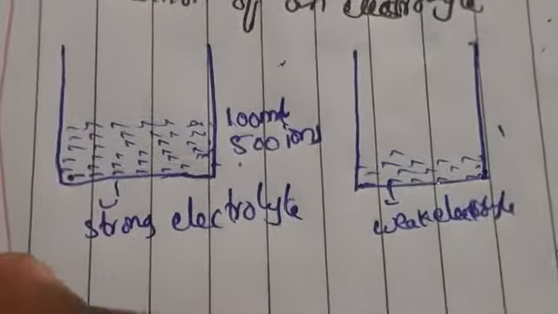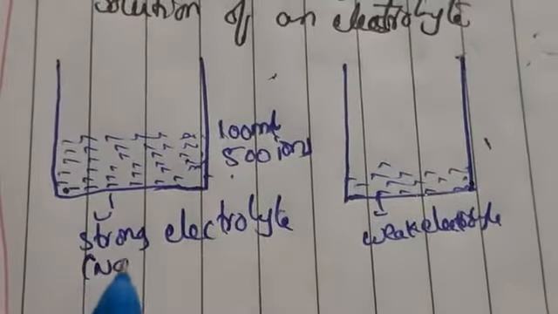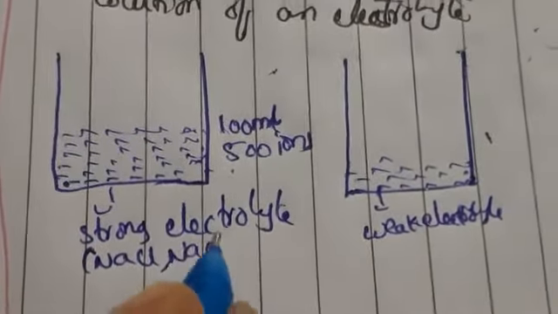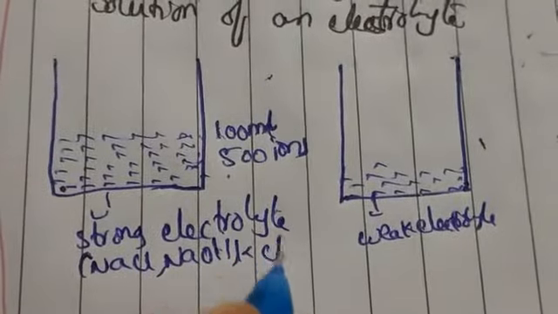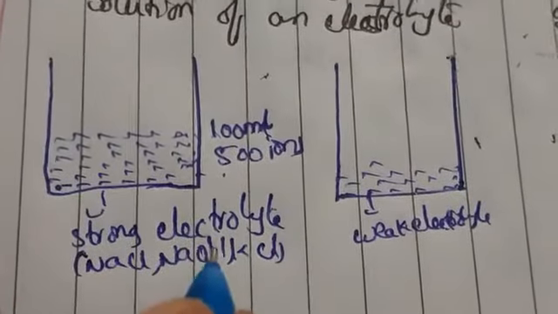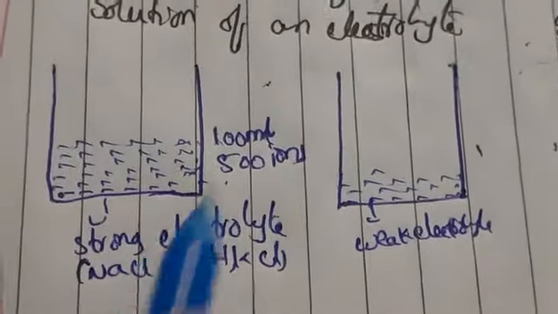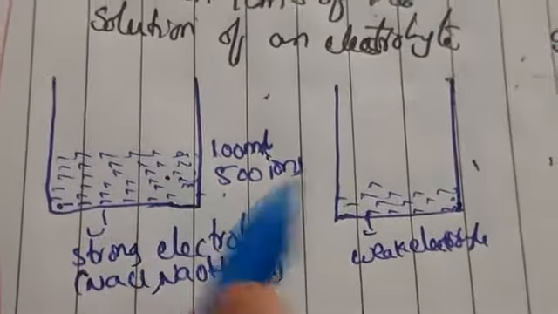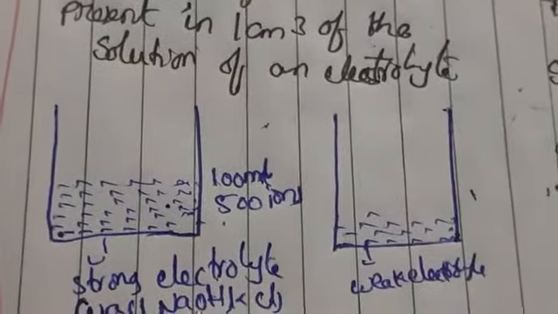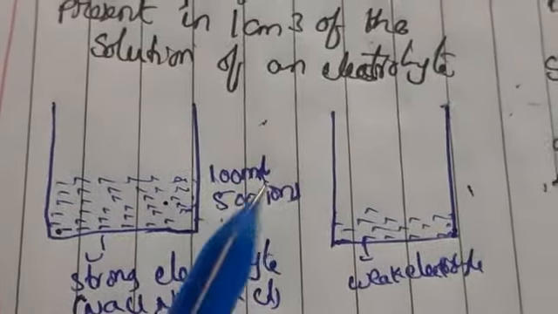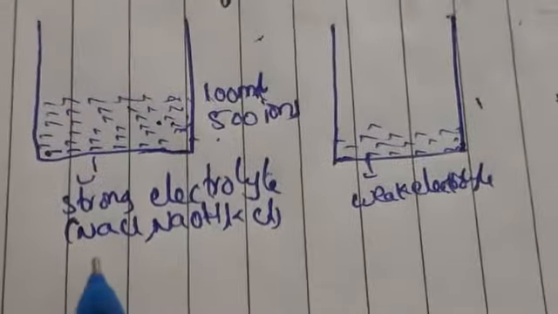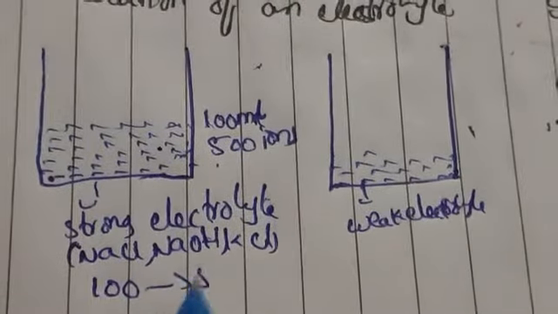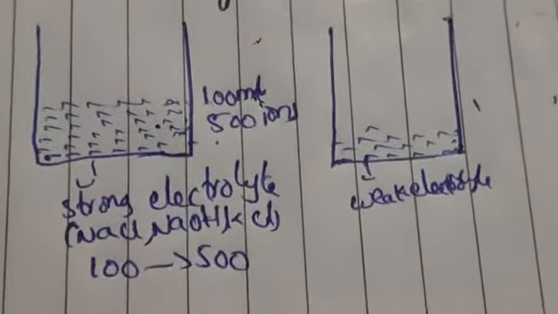Strong electrolyte examples we can take NaCl, NaOH, KCl. These all come under strong electrolytes. So for 100 ml it is giving 500 ions, meaning the concentration of ions.